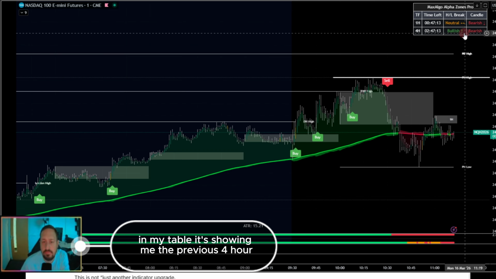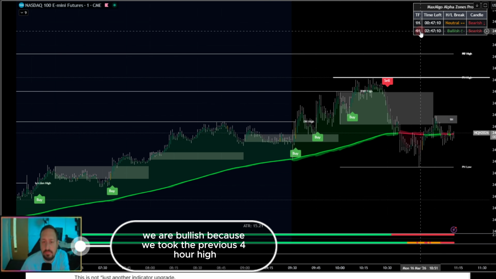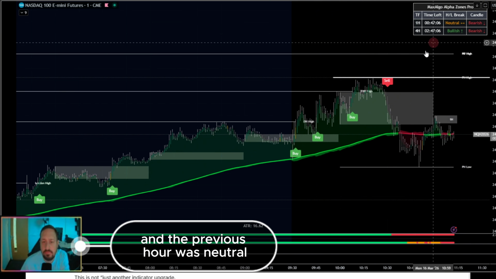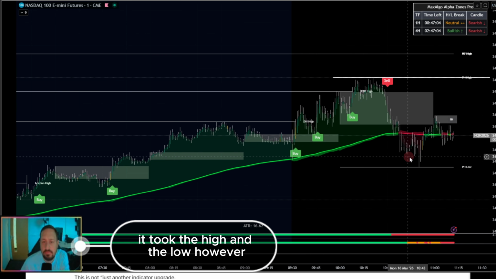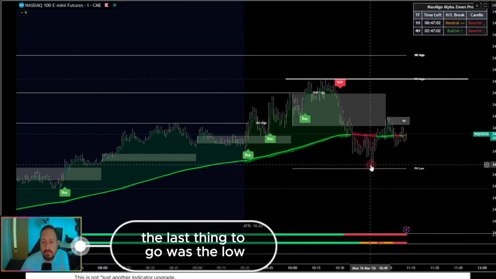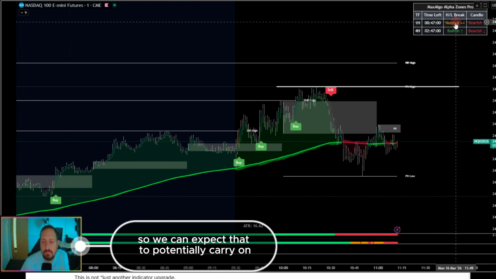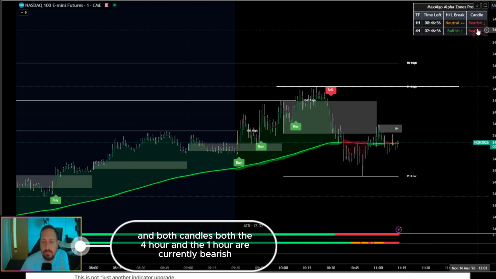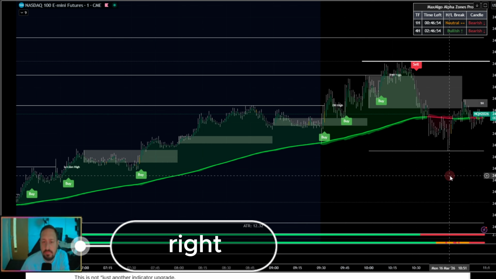It's showing me the previous 4 hour. We are bullish because we took the previous 4 hour high, and the previous hour was neutral. It took the high and the low. However, the last thing to go was the low, so we can expect that to potentially carry on. And both candles, both the 4 hour and the 1 hour, are currently bearish, right?